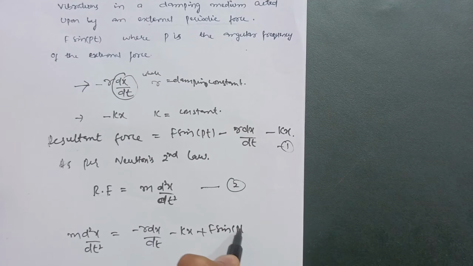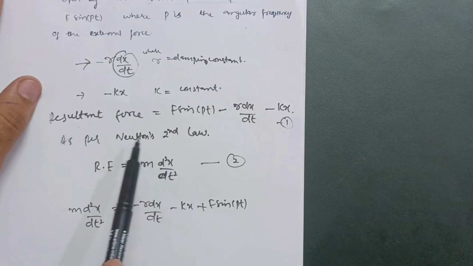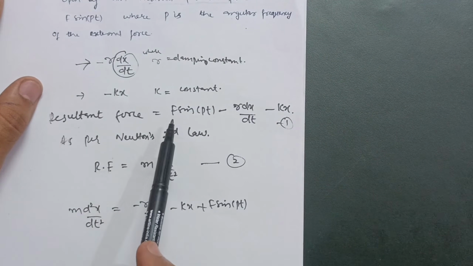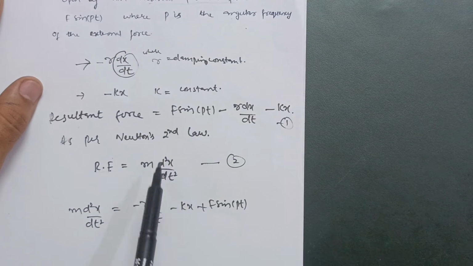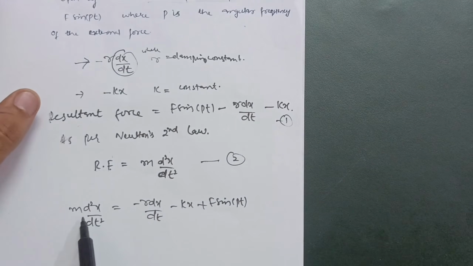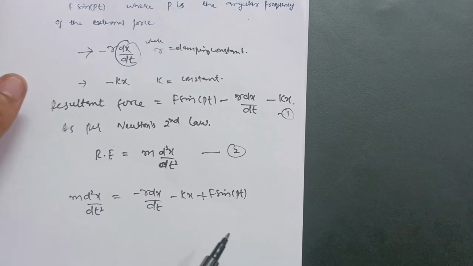I hope this is clear, my dear friends. So always remember, whenever the left hand sides of two equations are equal, then the right hand sides we can easily compare. This side will definitely be equal to this side. That is what I have written here.